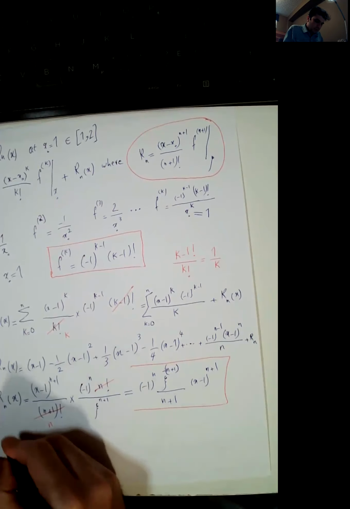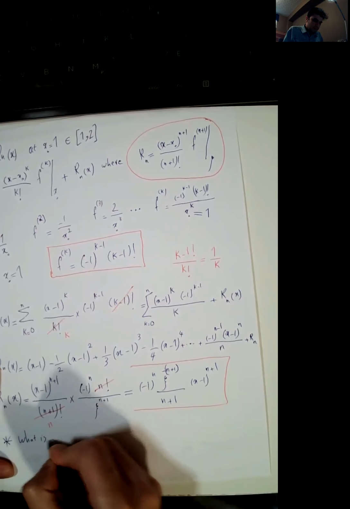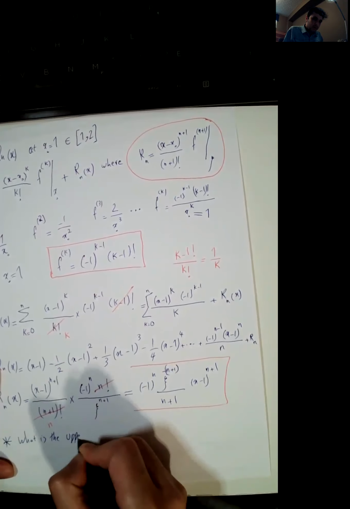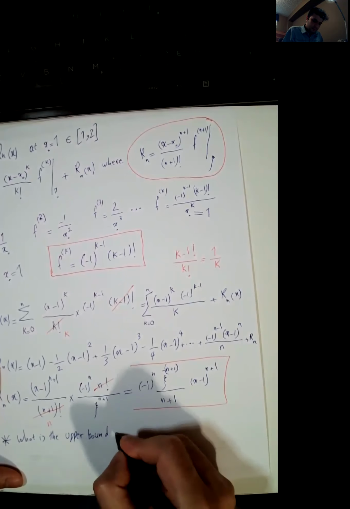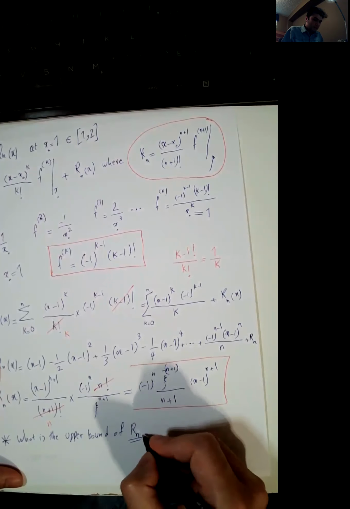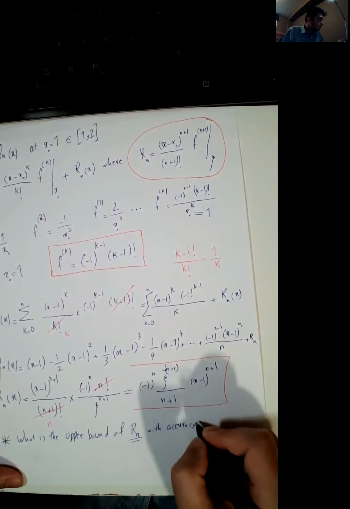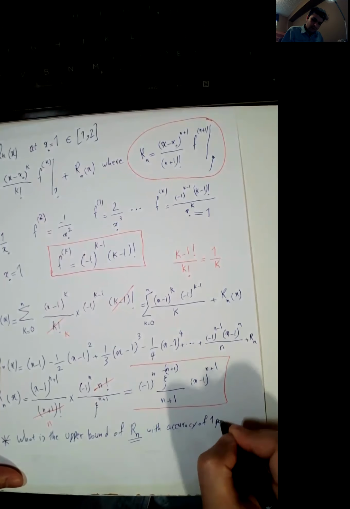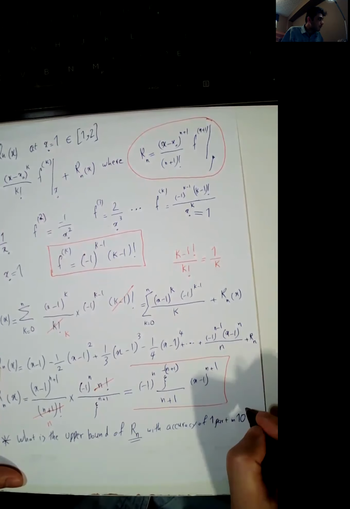Now the question is, what is the upper bound of Rn with accuracy of one part in 10 to the power of 8?